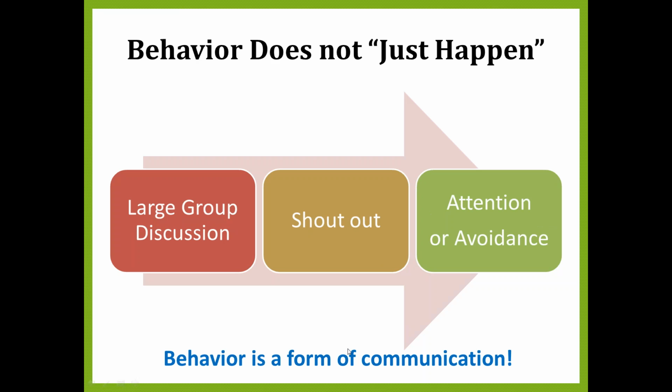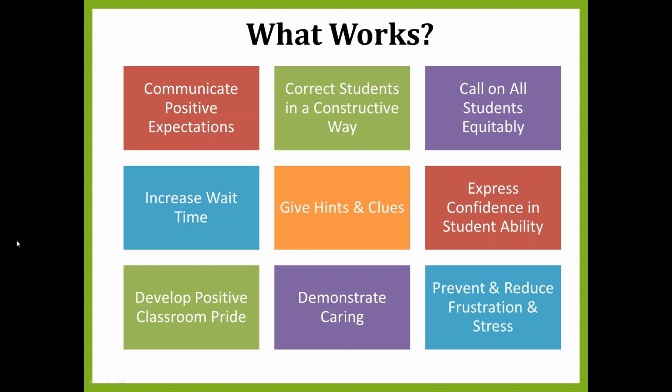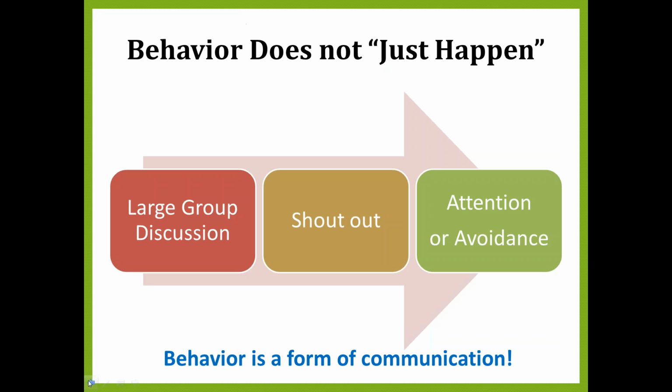Here's an example using that ABC behavior process. First we note that Charlie usually will shout out during class, and this is usually during the large group discussion. We know this because we've collected some data on Charlie to find out why this behavior is happening, when it's happening, and when it is most likely to occur.